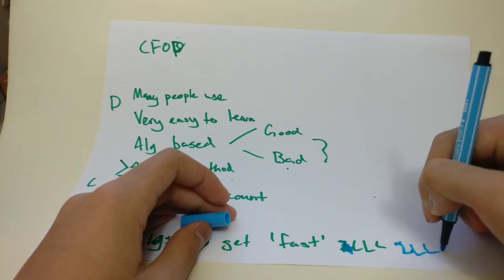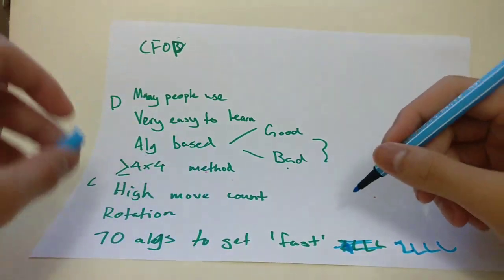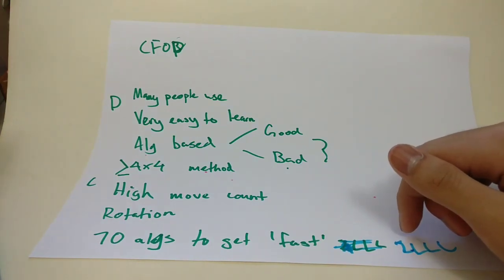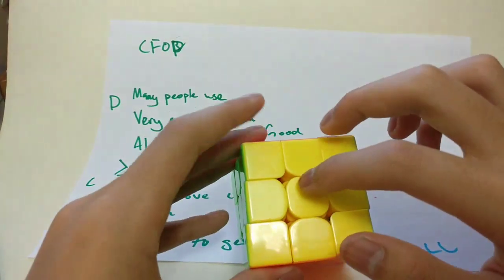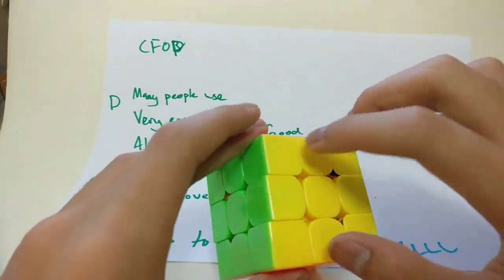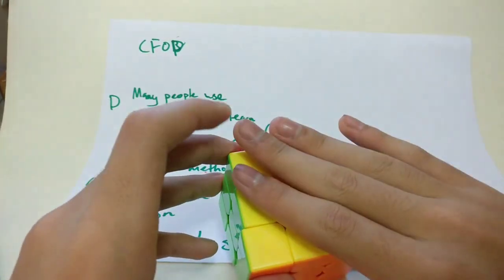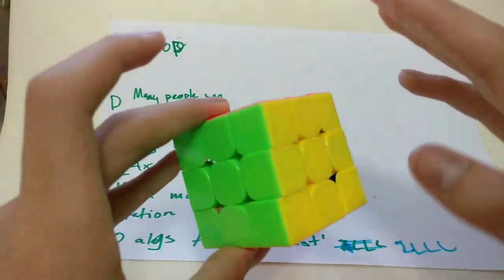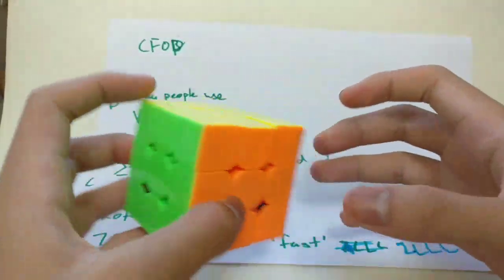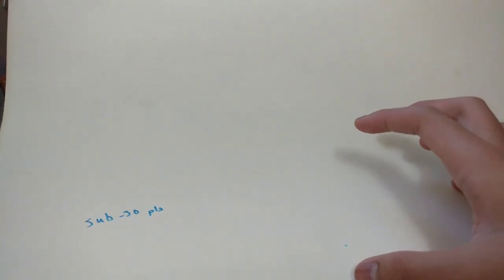For 2-look last layer, it takes 70 algorithms to get fast. Because you need around 50 algorithms to do OLL, which is orienting the last layer, and then PLL is like 21 algorithms to solve the permutation of the last layer. And so I'm going to go read my notes because I didn't prepare.